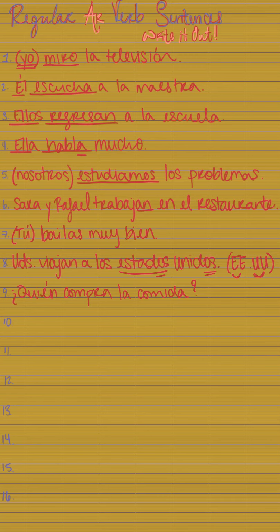Muy bien, amigos. Número 10, here we go. This time, I want to say my father cooks and we clean. It's a long sentence. Ready? My father cooks and we clean should look like, mi padre cocina.